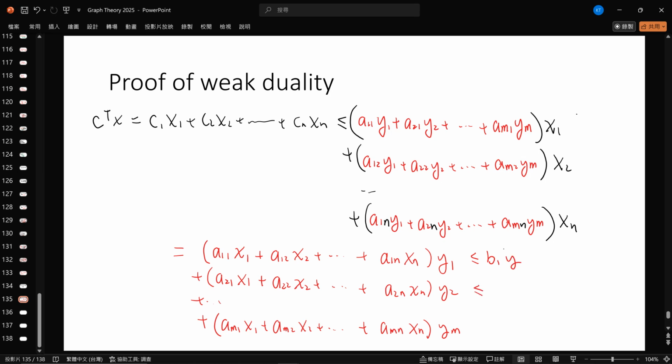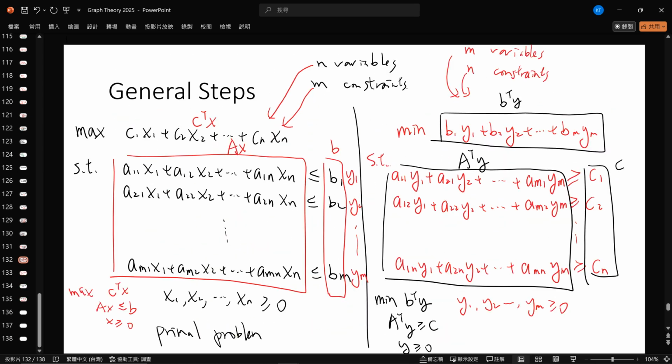Similarly, the coefficient of y2 is a21 x1 plus a22 x2, and this sum is at most b2.